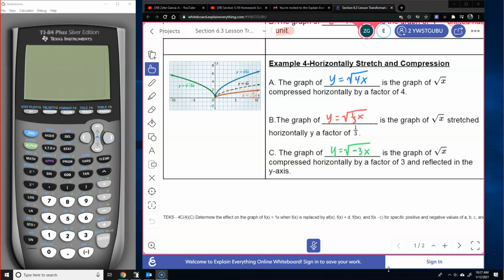So the number inside the radical will either compress the function or the graph, or stretch. In this case, it's going to stretch it here. Now, if there is a negative inside, it's going to reflect over the y-axis.